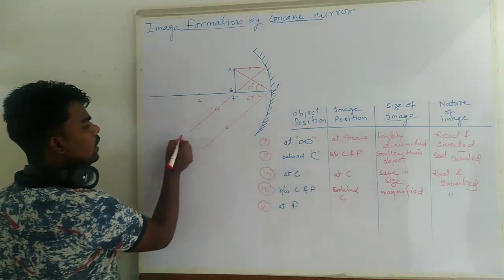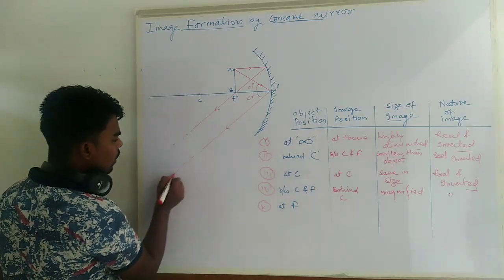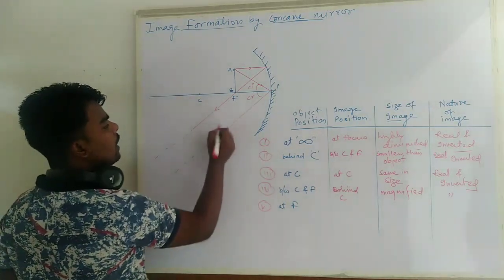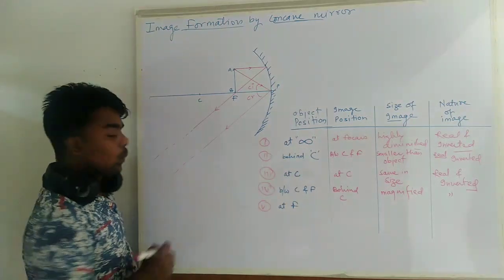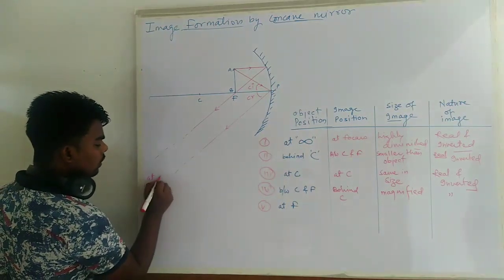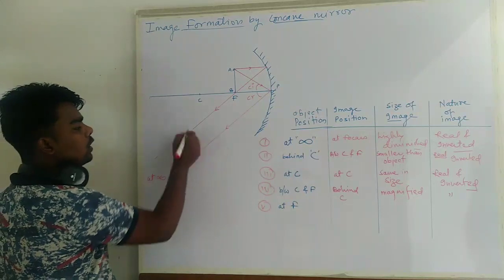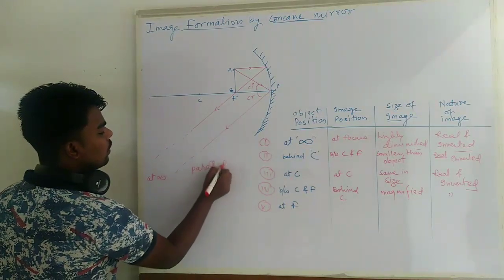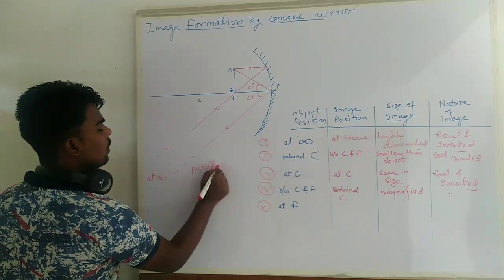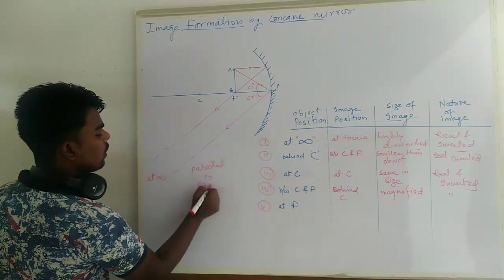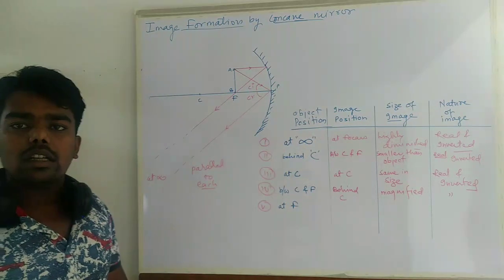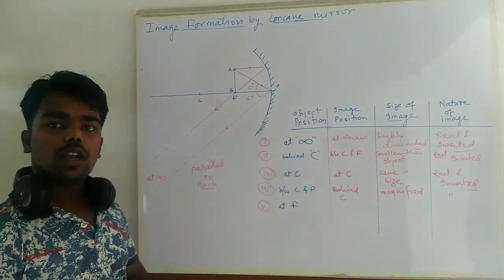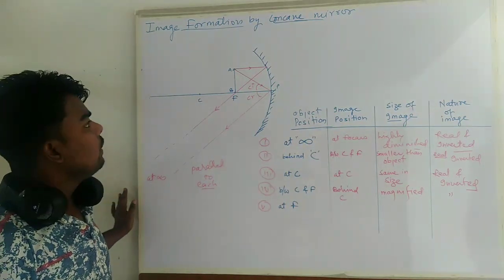And you will see they are not going to intersect, because both of them are parallel to each other. So where are they going to intersect? At infinity, because both light rays are parallel to each other. So parallel light rays intersect each other at infinity, which means the image will form at infinity.